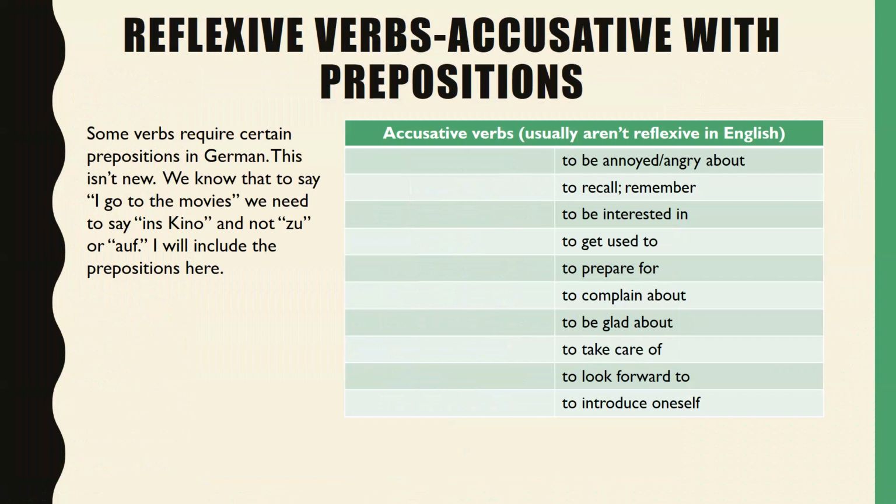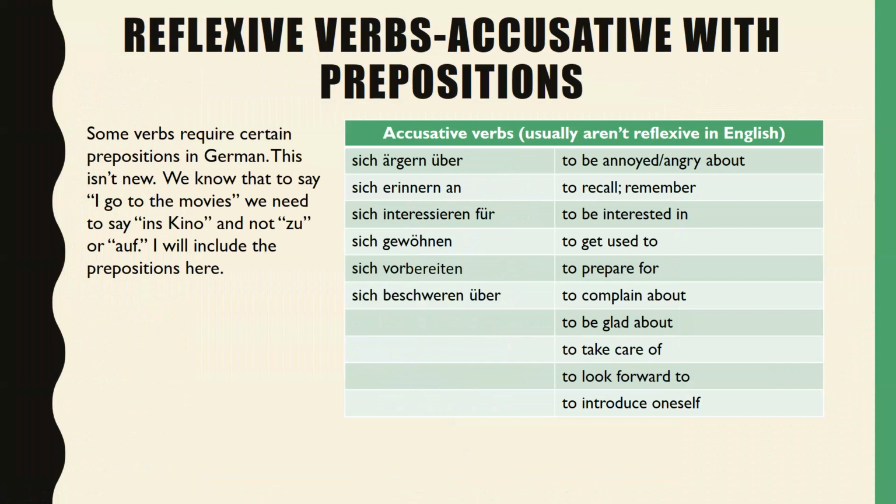Your answers would be sich ärgern über, sich erinnern an, sich interessieren für, sich gewöhnen, sich vorbereiten, sich beschweren über, sich freuen über, sich kümmern, sich freuen auf, sich vorstellen. In vorbereiten, vor is another separable prefix.